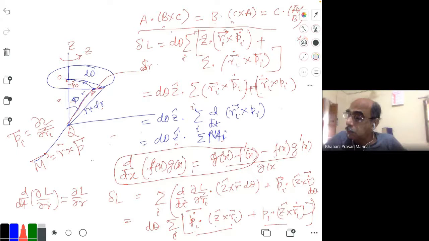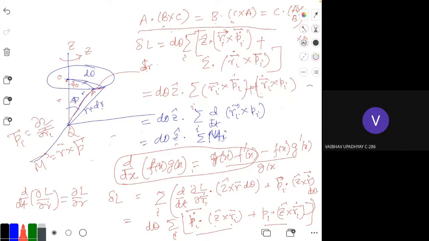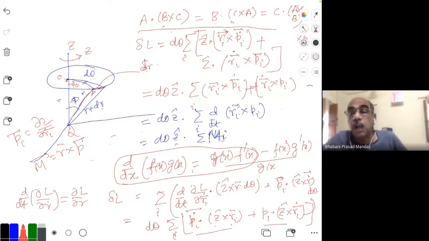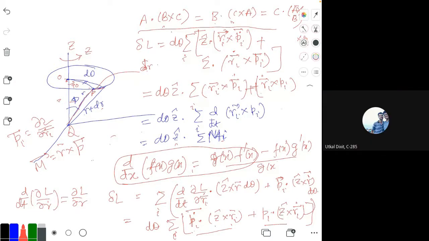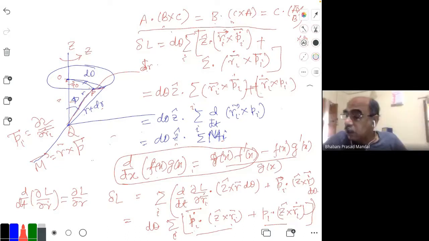You don't know differentiation. Why don't you study differentiation first? Get a book from 11th class and study differentiation. Sir, there are too many chapters, and I am studying too many things at the same time. If you write the differentiation of a product of two functions like this, then I'll throw you out of my class. You are not eligible for my class.